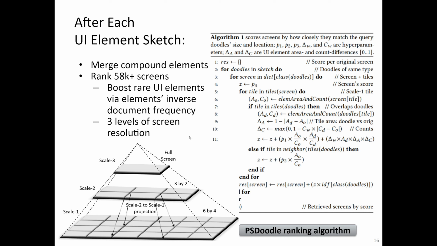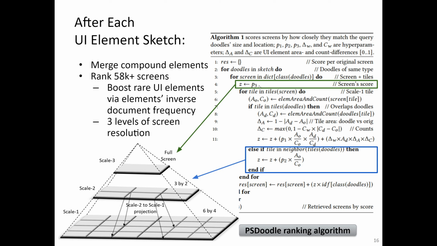So scale 3 considers position match for the whole screen, scale 2 divides the screen into 3x2 tiles for position match, and scale 1 divides the screen into 6x4 tiles. As scale 1 considers more precise location matching, it implies more visual similarity between the sketch and the requested screen.